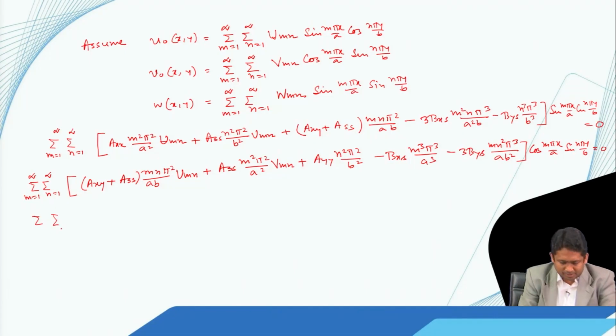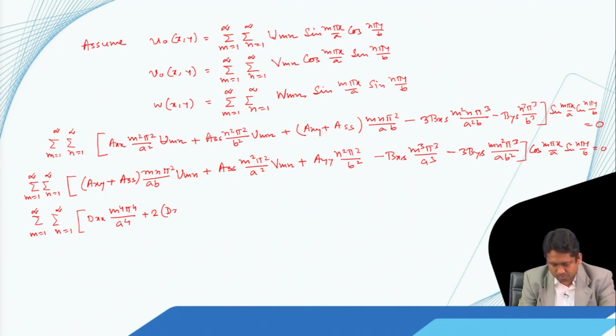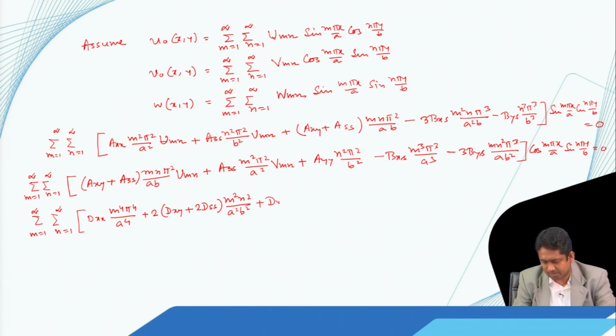Yes. Now the last equation is n equal to 1 to infinity, m equal to 1 to infinity, and we have dxx m to the power 4 pi to the power 4 by a to the power 4 plus twice of dxy plus 2 dss multiplied by m square n square by a square b square, plus we have dyy multiplied by n to the power 4 pi to the power 4 by b to the power 4.